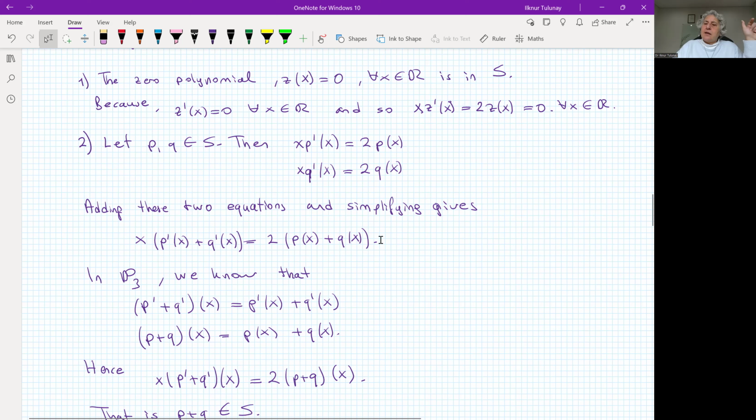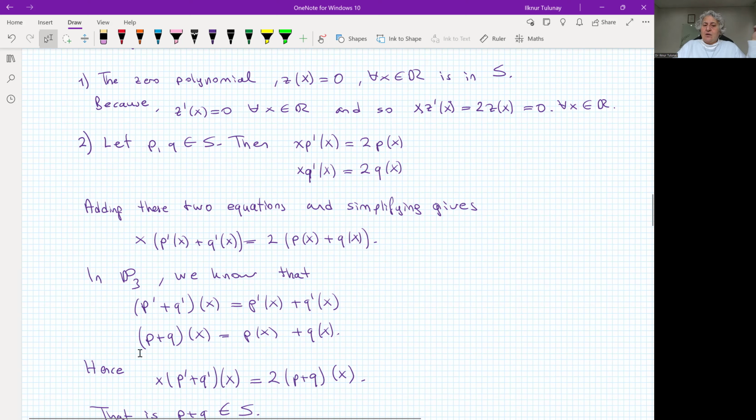Right? So this is not enough because I don't have P plus Q cases here. But in P3, we know that (P' plus Q')(x) is equal to P'(x) plus Q'(x). This is the simple rule for the derivation and applies to all polynomials.